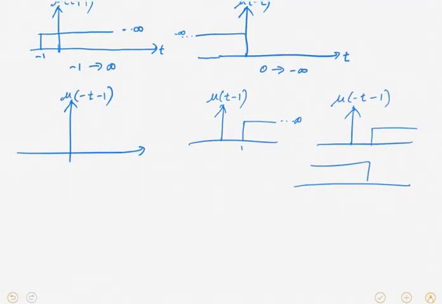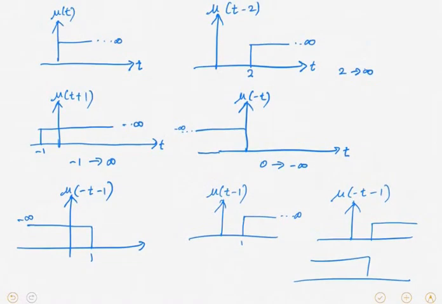So u(-t-1) is from 1 to negative infinity. Okay, I believe that after these few examples, you know how the graph of u(t-2), u(t+1), u(-t), or even u(-t-1) looks.